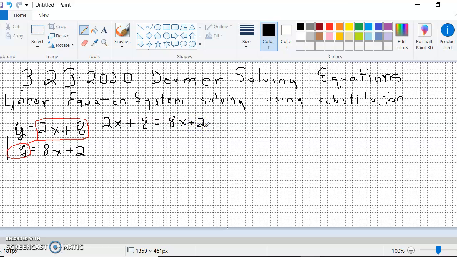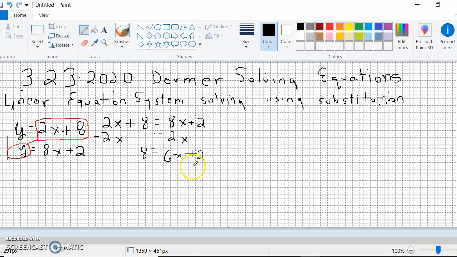All right, so let's go ahead and solve this. Let me get rid of this, so negative 2x. This comes down, right? And so I end up with another negative 2x over here. So now I have the following: 8 is equal to 6x plus 2.